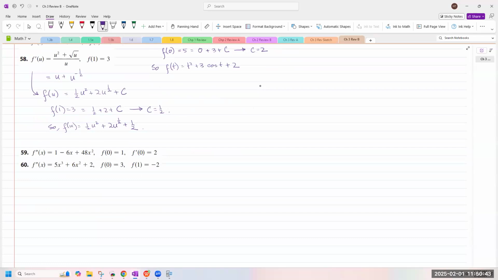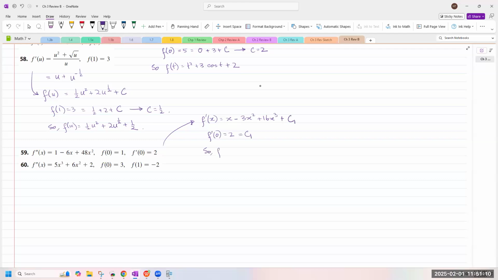Number 59, let me steal the place here. So f prime x equals x minus 3x squared plus 16x cubed plus constant. Call this C1. Now we know that f prime 0 equals 2, but if you plug in 0 there, you get just C1.